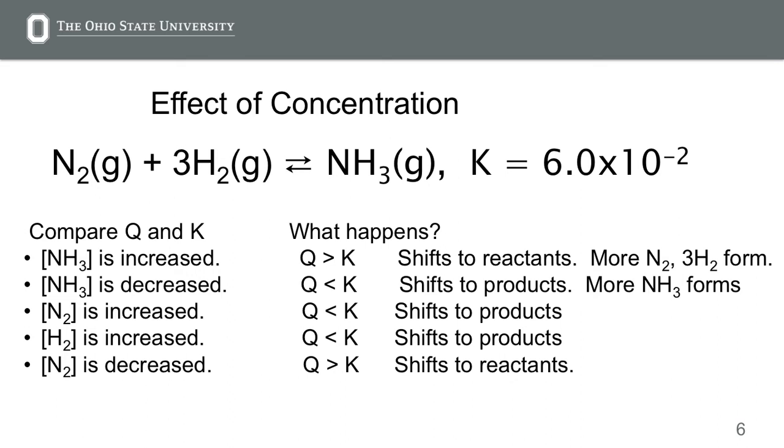If we increase the amount of H2, the other reactant we haven't talked about yet, it drives the reaction forward, and we produce more products. If we decrease any of the reactants, that's going to force the reaction back to the reactant side to regain that equilibrium. Okay?